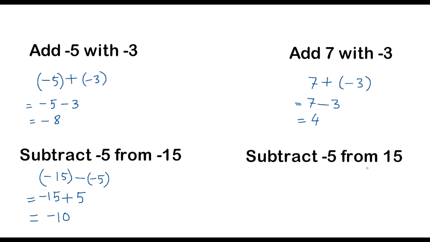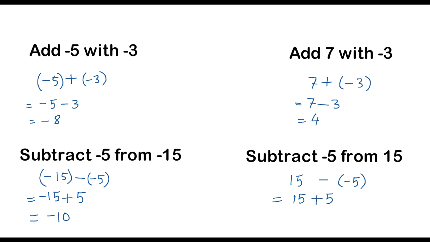Next, subtract negative 5 from 15. So we are subtracting negative 5 from 15. 15 is a positive number here. Again 15 remains 15 because it's a positive number, and before that there is nothing, and here negative and negative will become positive and you have 5.